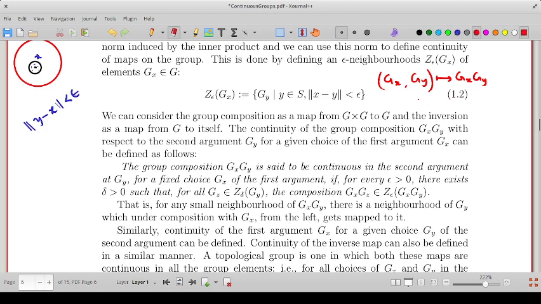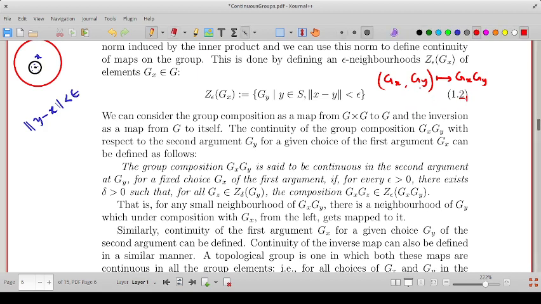So this is a map from this ordered pair gx, gy onto the element gx gy. And similarly, the inversion is also a map, but this is a map from the group to itself. So given an element gx, the inversion map takes gx to the inverse of gx.